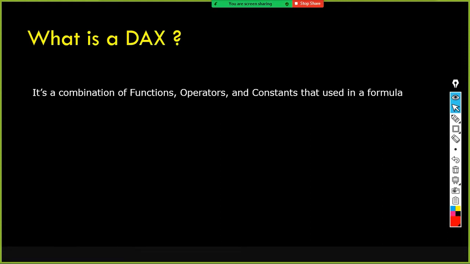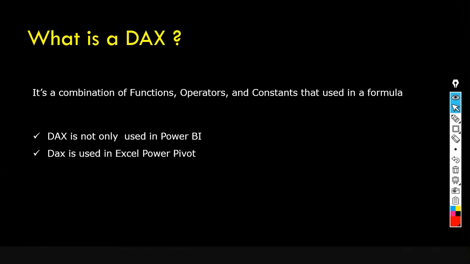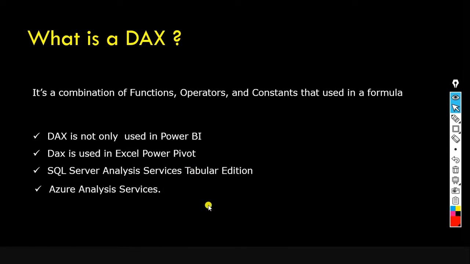So with DAX, you don't have to write so many lines of code. With the help of the built-in functions, we can perform complex calculations such as year-on-year sales, running totals, like-for-like sales, and so on. DAX assists in drawing insights from the data, even from complex data.